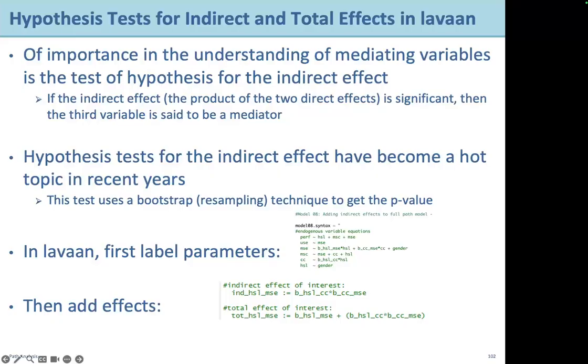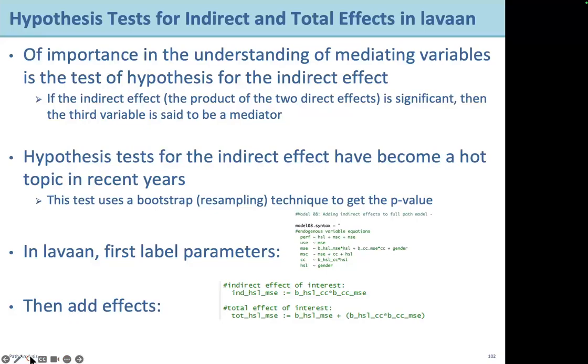Then run maximum likelihood again on it, and repeat that process over and over, maybe 1,000 times, maybe 100 times. Then look at the distribution of all the estimates. Every time I take a resample, I get a new indirect effect, and based on that distribution, we quantify how far from zero we are. But that is done behind the scenes.